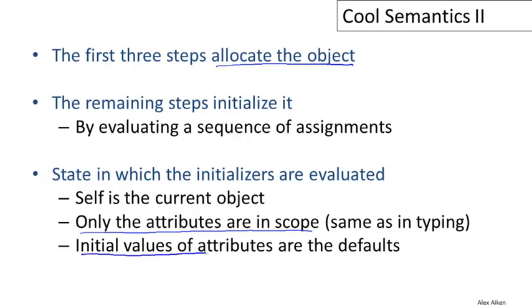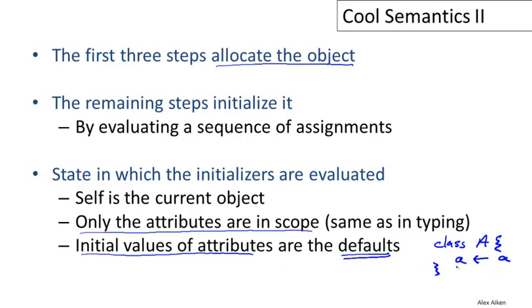And the initial values of the attributes are the default values. And we need the defaults precisely because the attributes are in scope inside their own initializers. So it's perfectly reasonable to have an initializer, let's say like this, and I'm going to leave out all the types here just to save time.